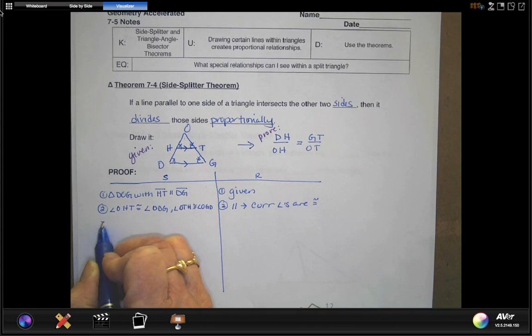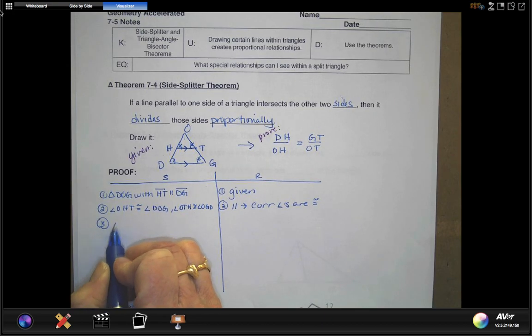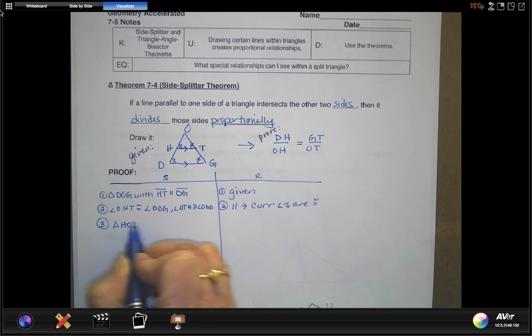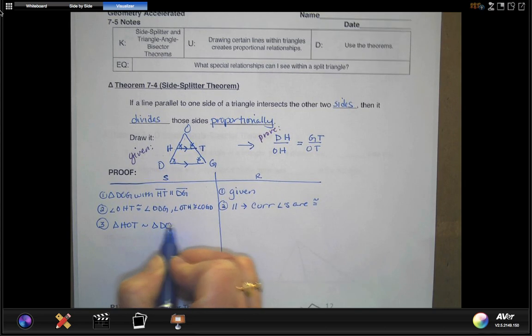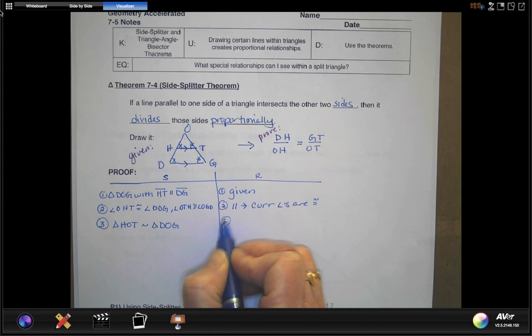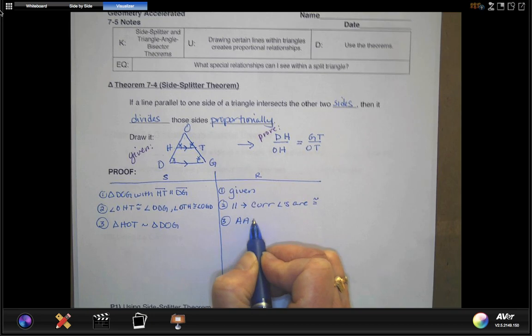So now I know the two triangles are similar. So triangle HOT is similar to triangle DOG because of angle-angle similarity.